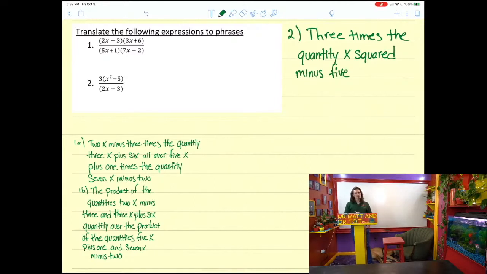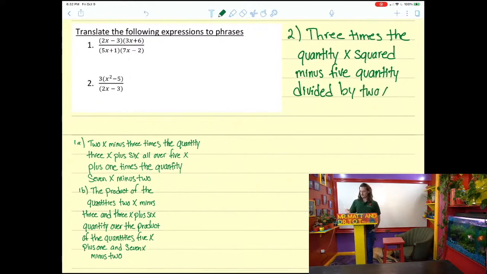Okay, if you have any questions, again, please let me know. Otherwise, let's look at these 2 questions. I'm going to give you 3 minutes.